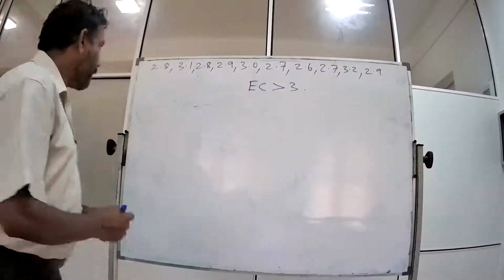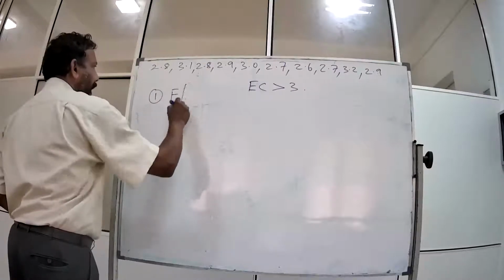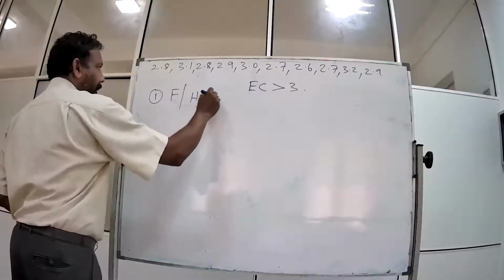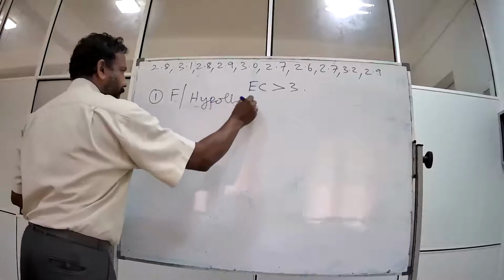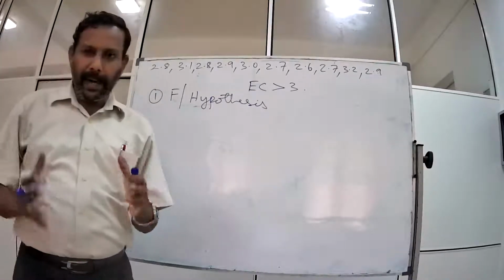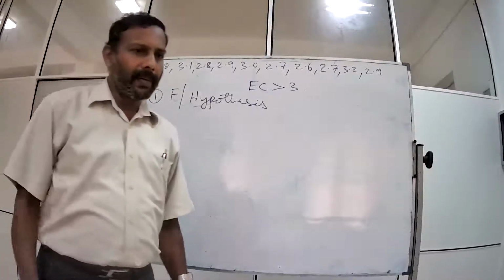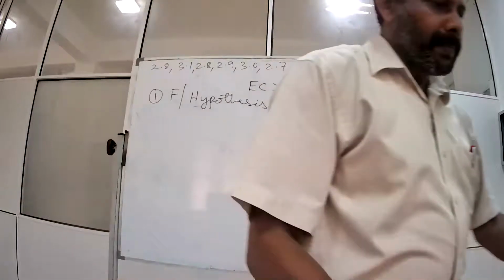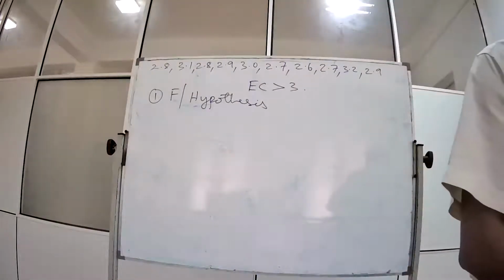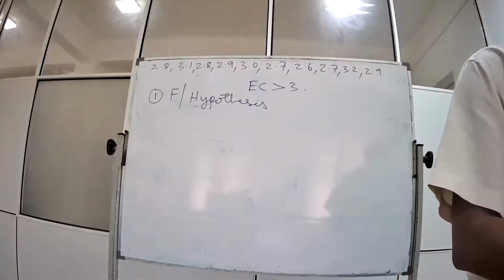First step is formulating the hypothesis. We'll have to formulate the hypothesis. What is the hypothesis now? Can somebody tell me what is the null hypothesis? What is the alternative hypothesis?